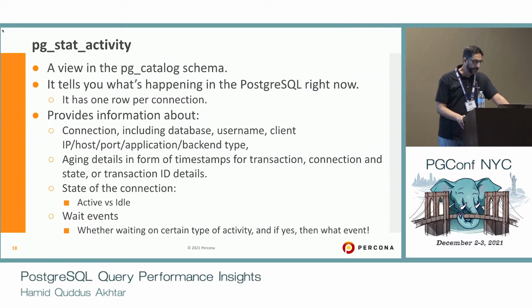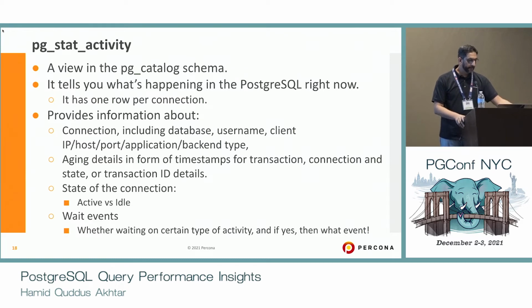What are they up to at this point in time? The pieces of information that are useful in analyzing a query are about connection, database, and user. So the ability to track back to an application, because performance is not just about how the server behaves, but also about the entire chain that you want to understand and then evaluate the performance in that context.